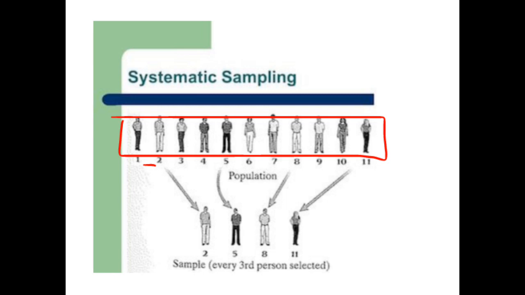As you can see, the second, the fifth, after every two individuals, the representative is selected. But the starting point is selected randomly, and the next individual will be selected at a regular interval. That is what we call a systematic way.